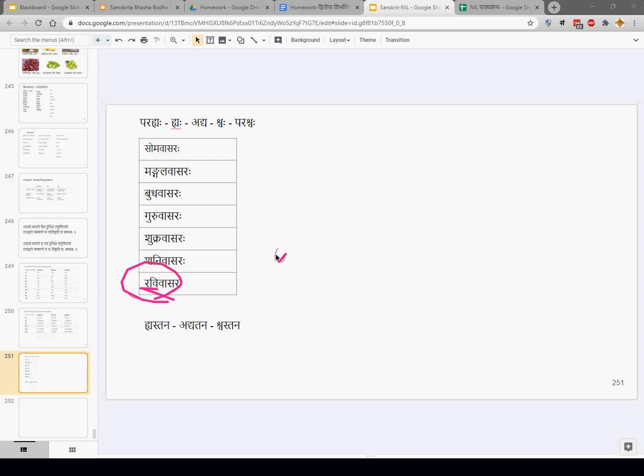Another most common one you will find is Bhanu. Bhanu is also sun. That means you might find Bhanuvasaraha, Ravivasaraha, Suryavasaraha. There are a lot of words for sun, so they can also be used here. But these two are very common, Bhanuvasaraha, Ravivasaraha.